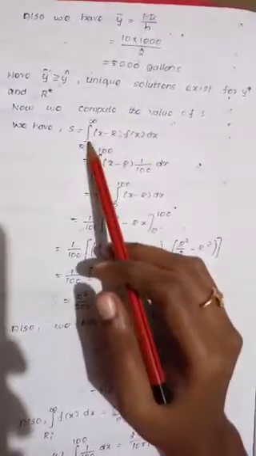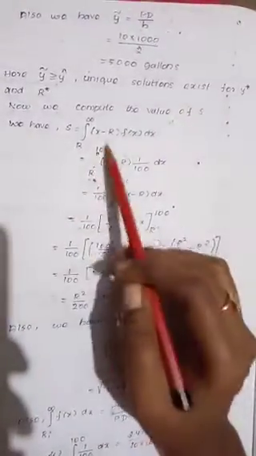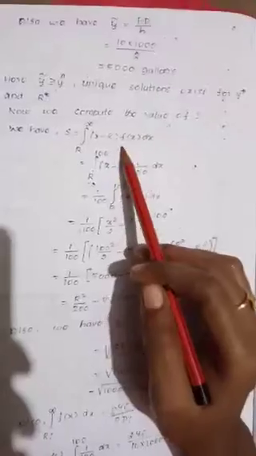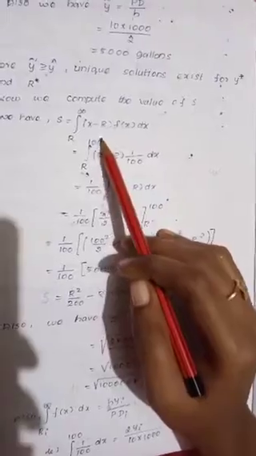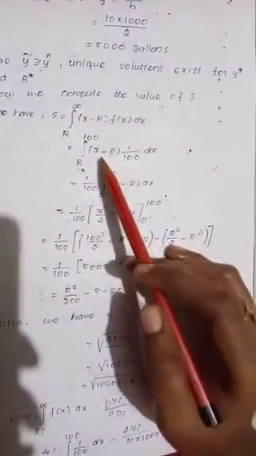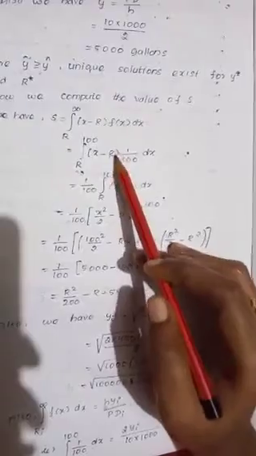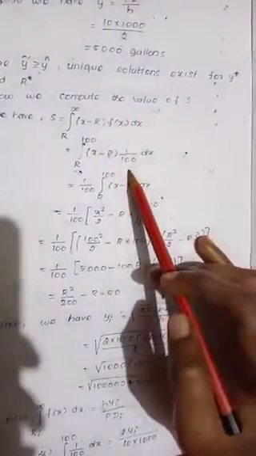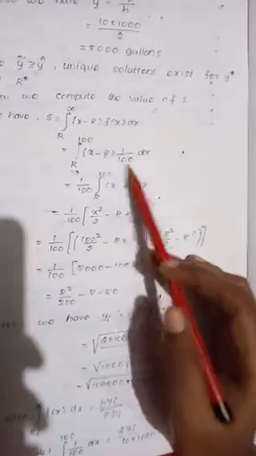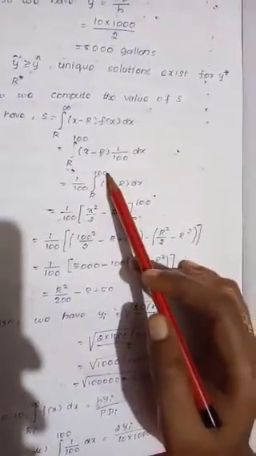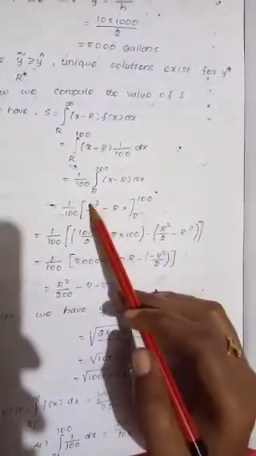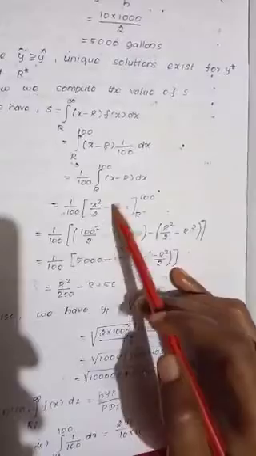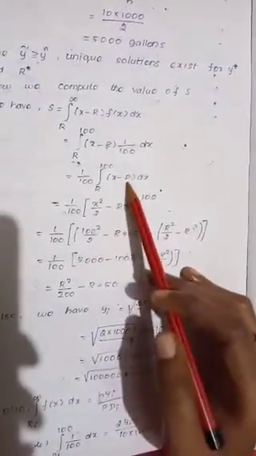We have s, the formula we learned earlier, is equal to the integral from r to infinity of x minus r times f of x dx, which is equal to the integral from r to 100 of x minus r into 1 by 100 dx, which is equal to 1 by 100 outside. Integral from r to 100 of x minus r dx is equal to 1 by 100 into x square by 2 minus rx from r to 100.